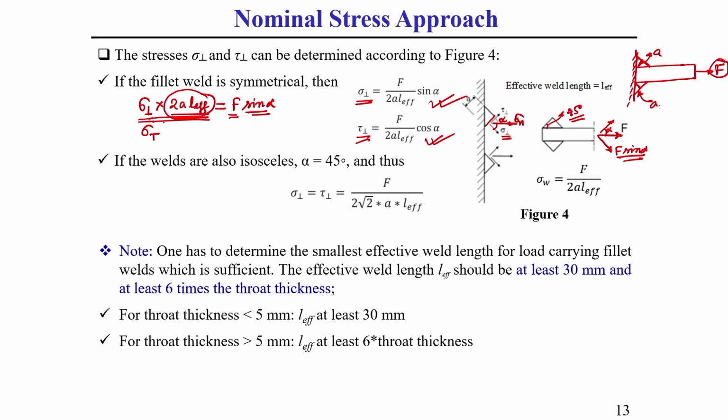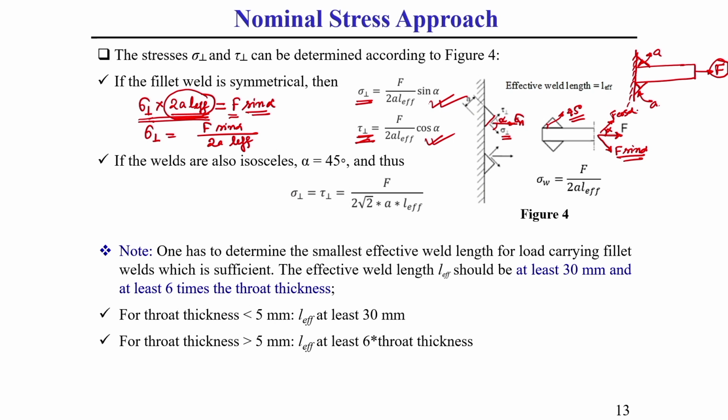So, from here sigma inverted T, the normal component, we can write as F sin alpha divided by 2A L effective. Similarly, for the shear stress component, this will be F cos alpha.